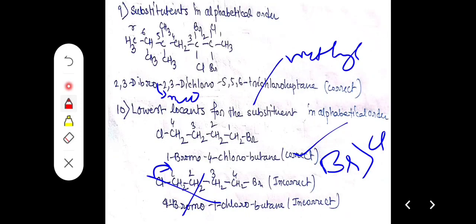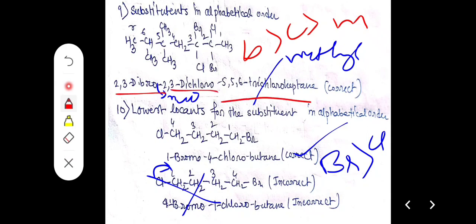Then substituents in alphabetical order: bromo comes first, then chloro, then methyl. So we first consider 2,3-dibromo, then 2,3-dichloro, then 5,5,6-trimethylheptane. Next, always remember that Br has preference over Cl. So the numbering starts from the end nearby Br rather than Cl.